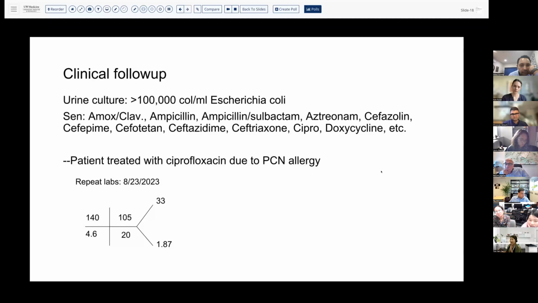So with the biopsy finding, we treated her with ciprofloxacin for 10 days. Because of her penicillin allergy, we did a repeat blood test 2 weeks later, and the creatinine was still a little bit elevated. So we do need to follow her up for that.